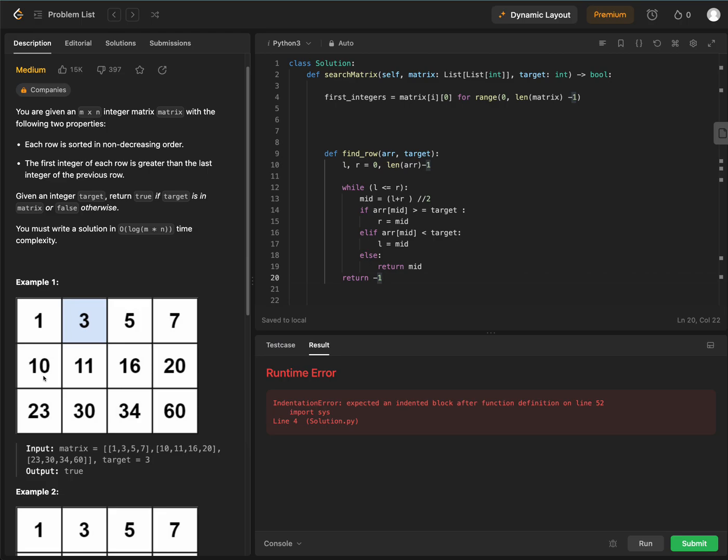How do we know that it ends up? How do we know that 9 ends up in this row? Right.